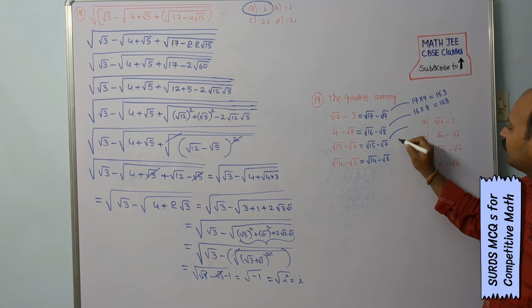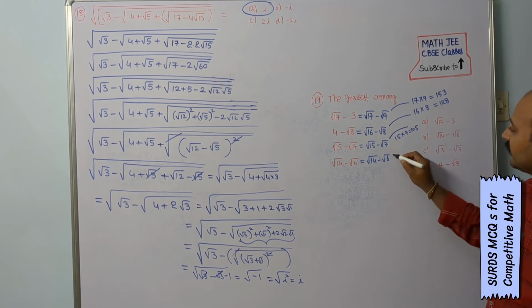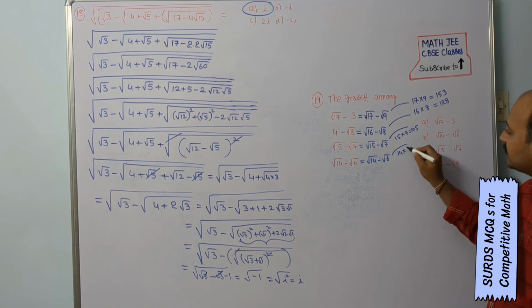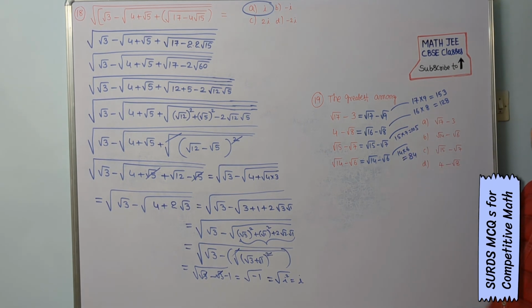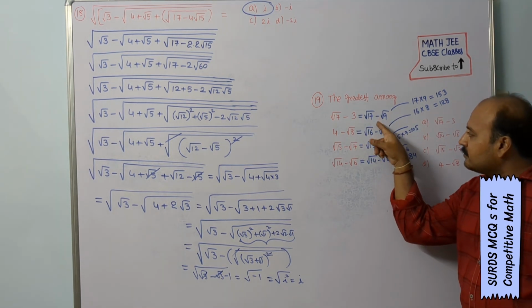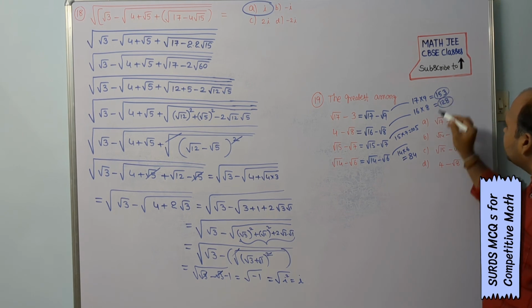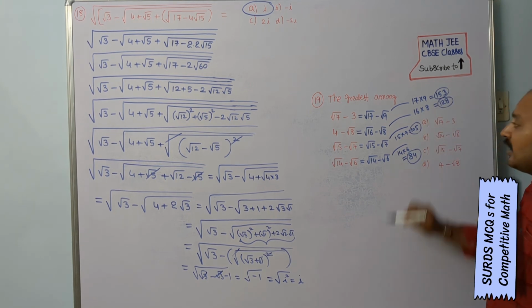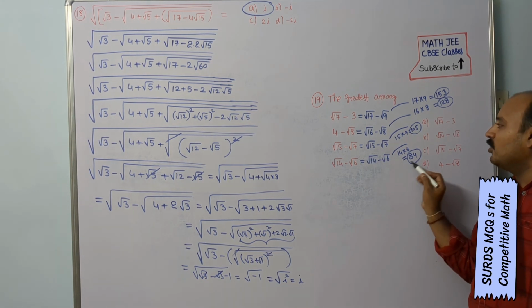Next 15 into 7, 105. Next 14 into 6. These two we are multiplying. They are asking to find greatest. Whenever here symbol is minus, among these values, which one is small? That is the greatest value. Therefore, the greatest among the surds is 84.